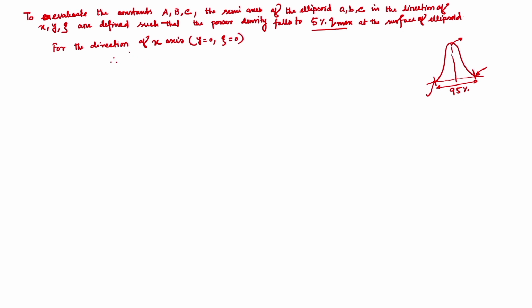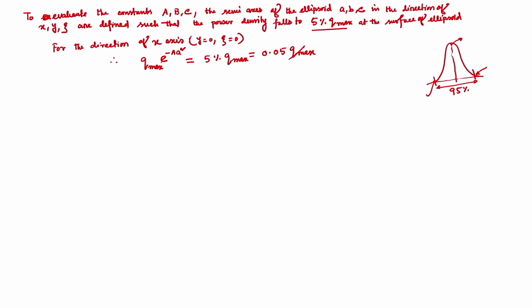We can write Q max e to the power minus capital A into small a square, and this value should be equal to 5% of Q max value, which you can write as 0.05 Q max, correct. This is a very simple derivation.